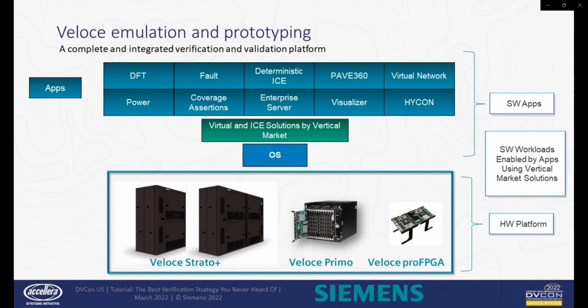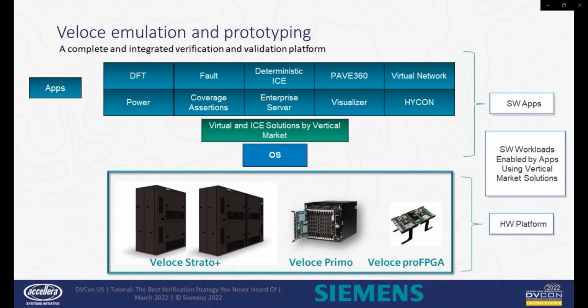In the center in green, extended virtual and edge solutions are shown, which are vertical market oriented. Below that, the OS is shown. The operating system is the main control software that enables the design to map to a specific hardware and run. And at the bottom, you have the hardware platforms with different flavors based on performance, requirements, and capacity.